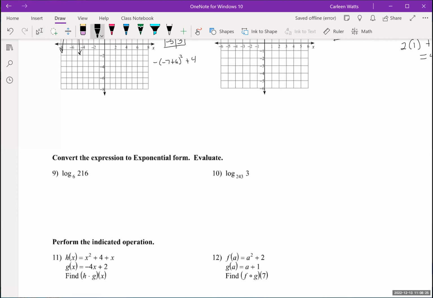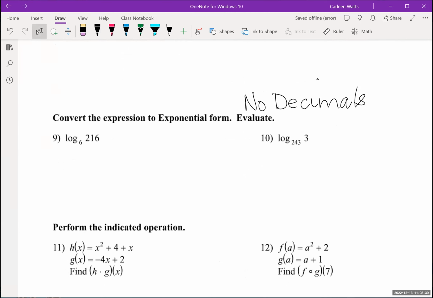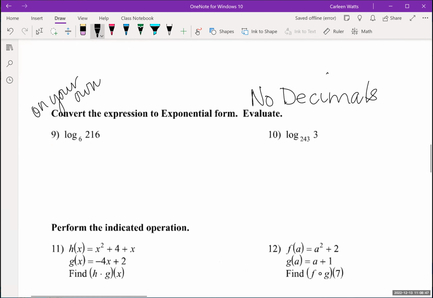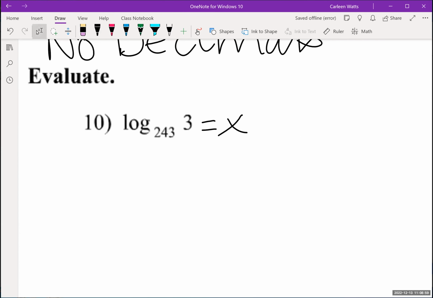Okay. Convert the expression to exponential form and evaluate. No decimals. Number 9 is on your own. We're going to do number 10. Convert from log form to exponential form. Let's put equals X. Okay.